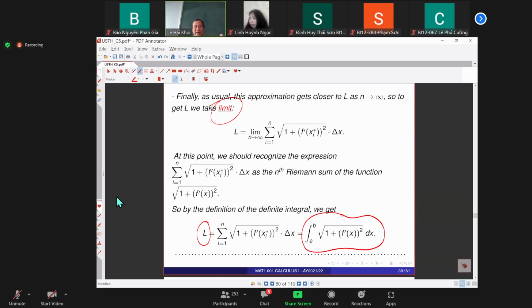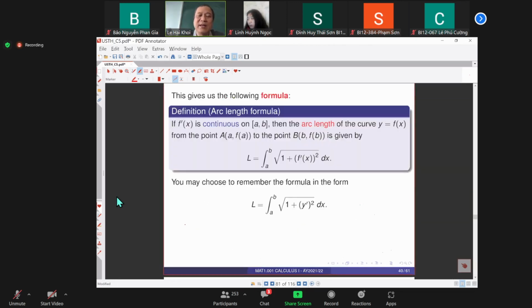Finally, you get a very beautiful formula. Very beautiful. Like the other method for volume, you should learn or remember by heart this formula in application chapter 5.